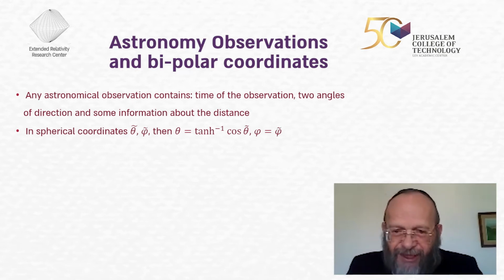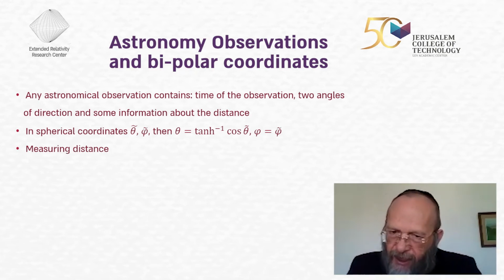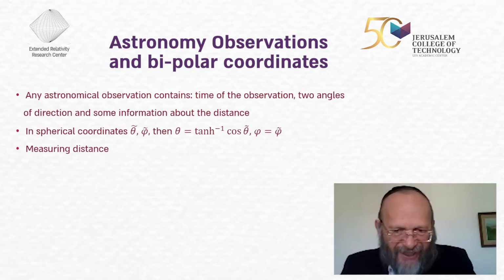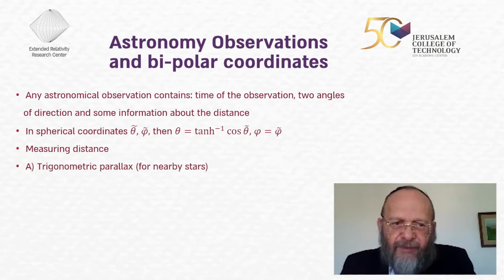So you don't have to think about the event. How to find the distance? This is a little bit tricky, but we are lucky there is a way to find it. There is a way by using what's called trigonometric parallax, but that works only for nearby stars, which are not far away. And I'll show you how.